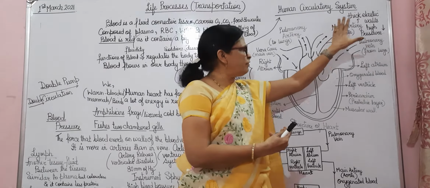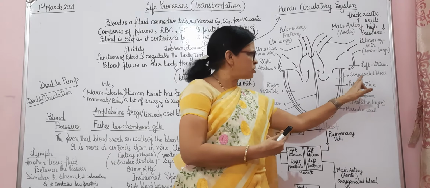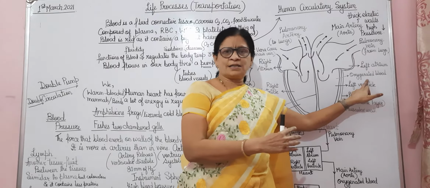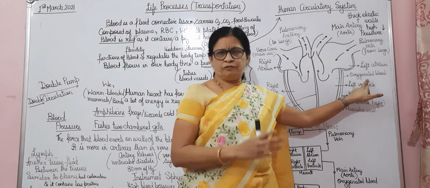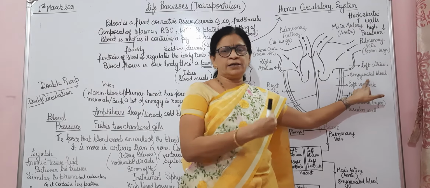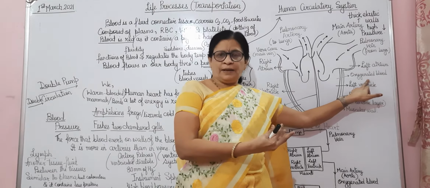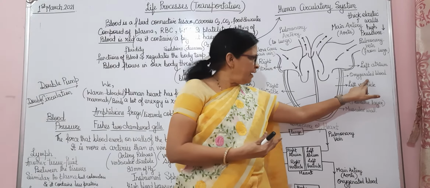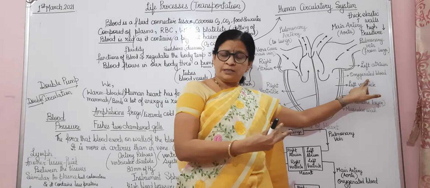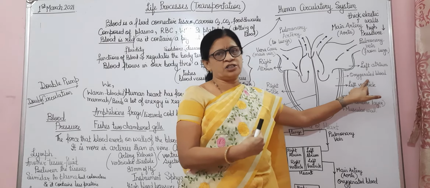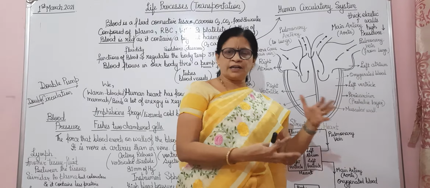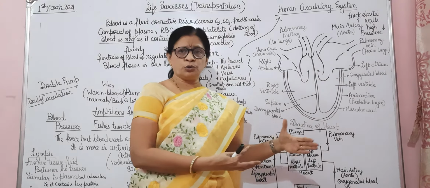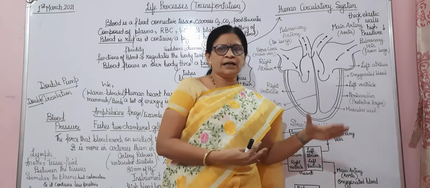Now from the aorta, when the blood flows into the body, oxygen is supplied to all the parts of the body. With the oxygen, the food material is also supplied to all the body parts, and the blood becomes deoxygenated.